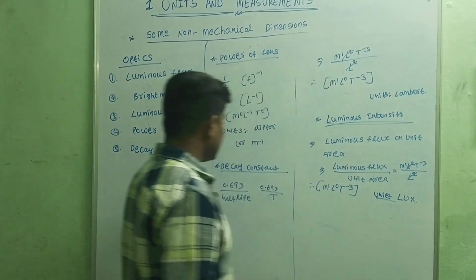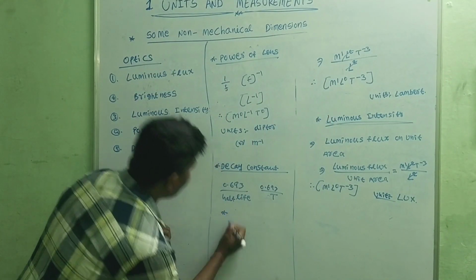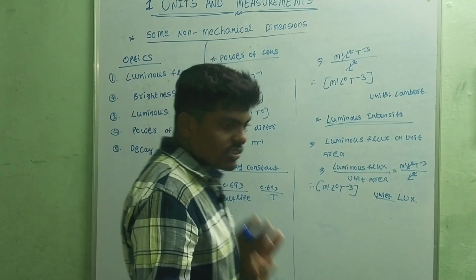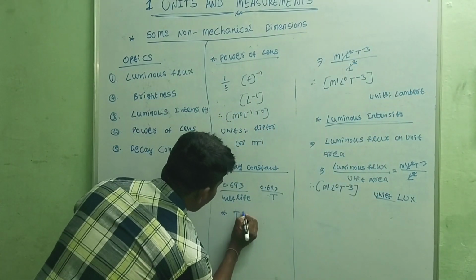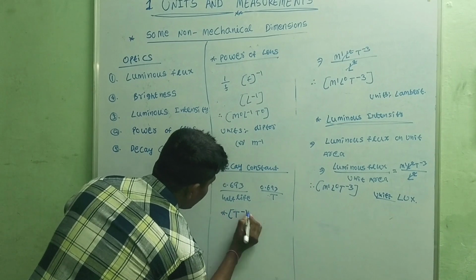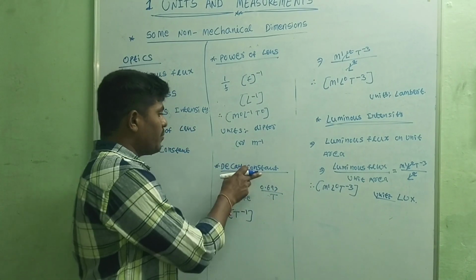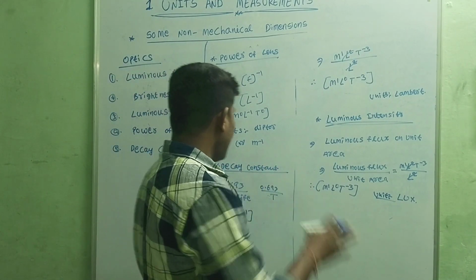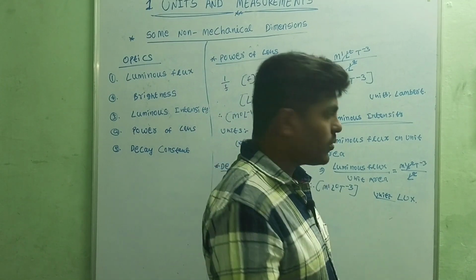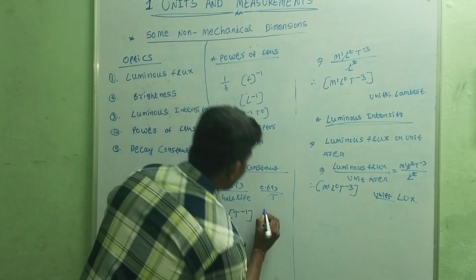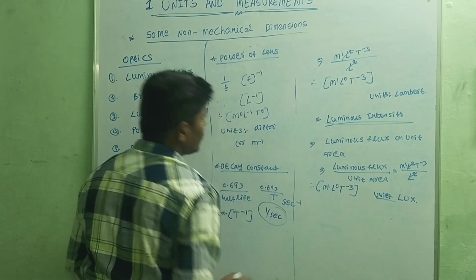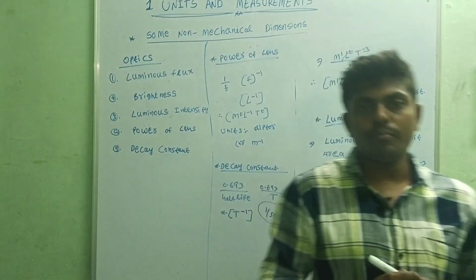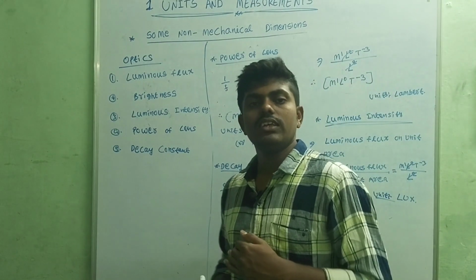So the dimensions of decay constant are T to the power minus 1. The unit of decay constant is 1 by second, or second inverse.